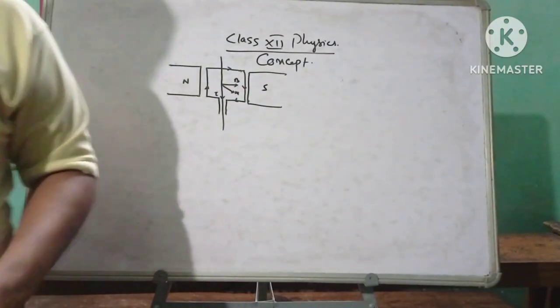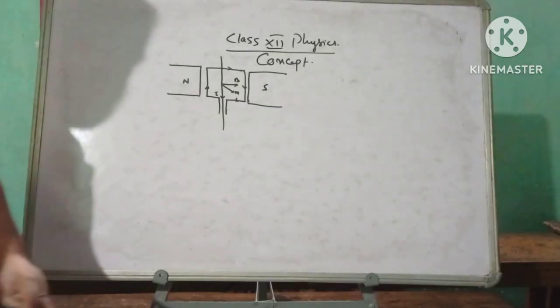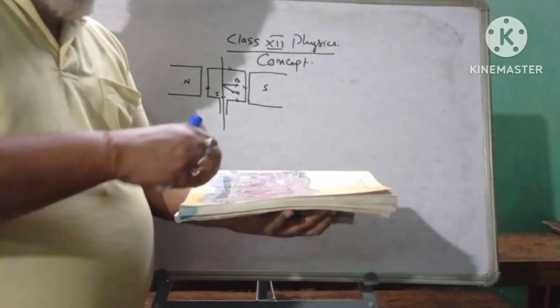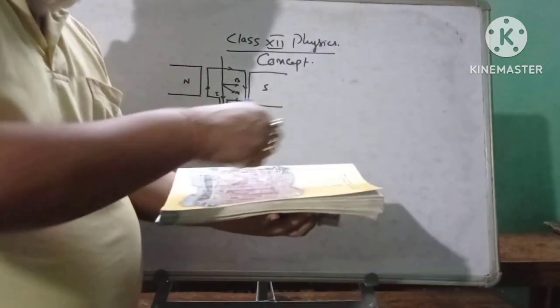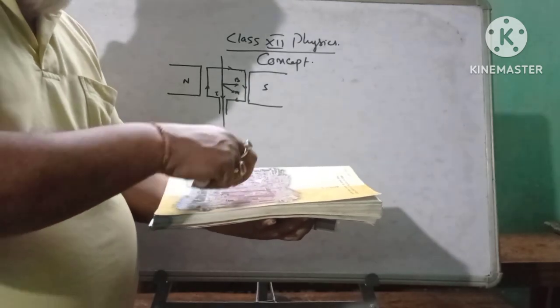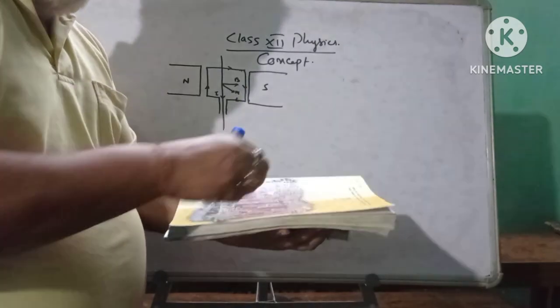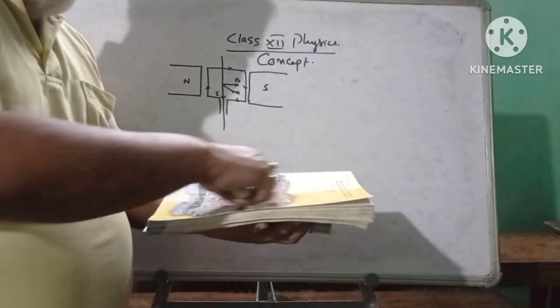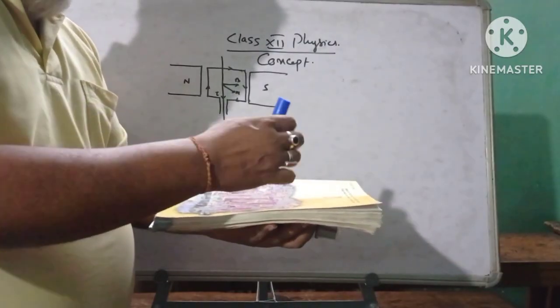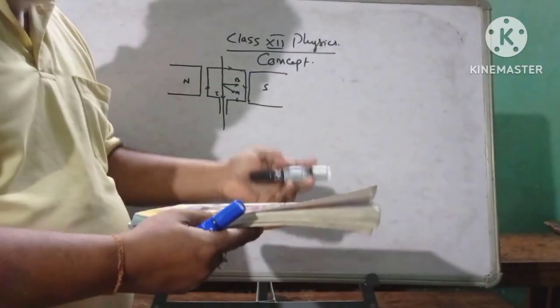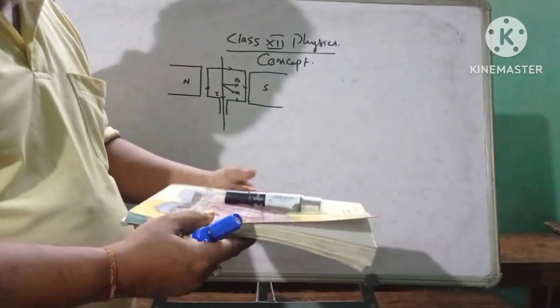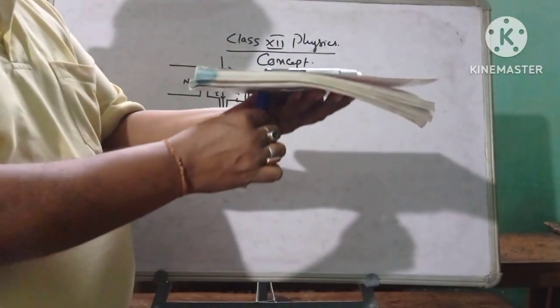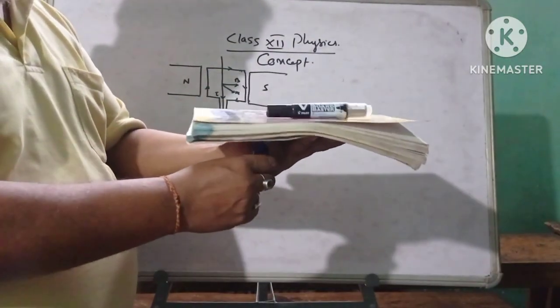Let me explain it again. So this is the plane. Here these two are the north pole and the south pole. The direction of the magnetic field is this, and the direction of the dipole is in the downward direction.